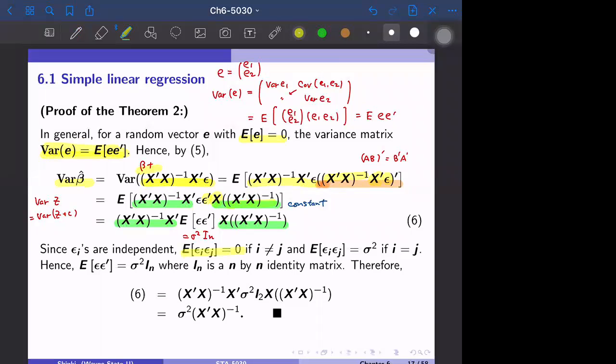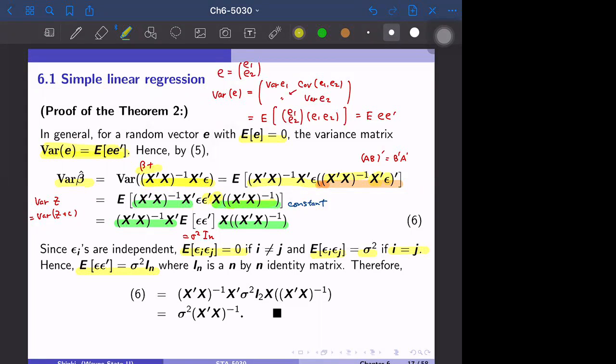So the expectation of epsilon i epsilon j is equal to 0, because these are independent. You can decompose the expectation, and the expectation of epsilon i and the expectation of epsilon j are both 0. So this becomes 0. And if i is equal to j, the diagonal term, this is sigma square, because by definition the variance of epsilon i is sigma square. We can get this equation.